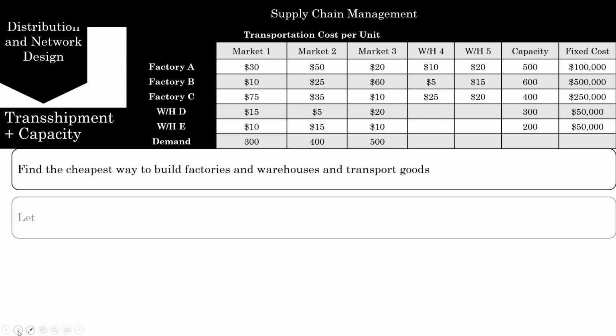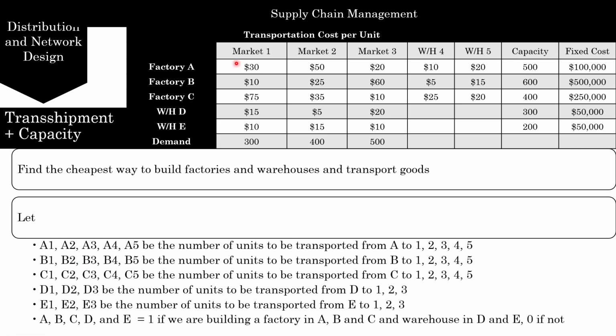So just like we did for warehouses for the transportation problem, we create binary variables, 1 each for each factory and 1 for the warehouse, right? So everything else is the same except we have 2 more new binary variables here.